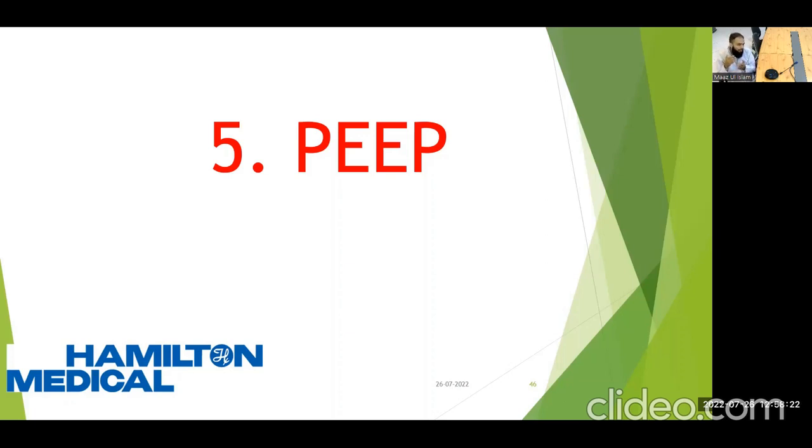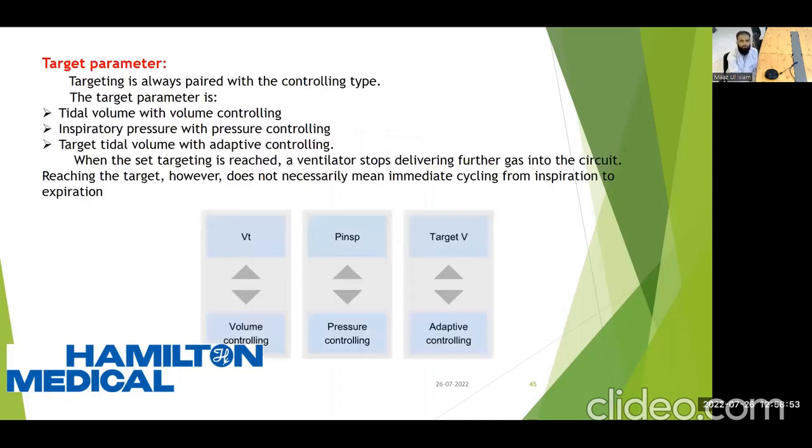Also, PEEP works on type 1 respiratory failure, or we can say in a hypoxic patient, if the PO2 level is less than 80, we should increase to a therapeutic PEEP. So we will not set the PEEP of 5. If the patient's PO2 level decreases below 80, we will set a PEEP of 8, or a PEEP of 10, to target the PO2 level.